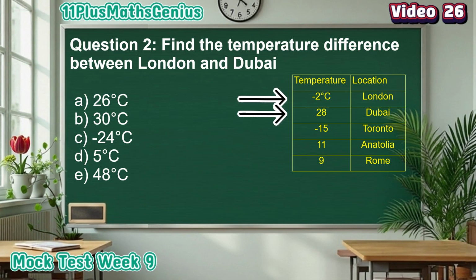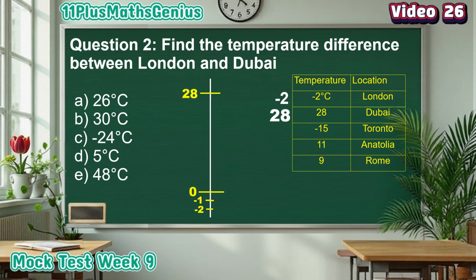So, we have to look at the temperature of London and Dubai. Let's look at London first. London is very freezing at a staggering negative 2 degrees Celsius. Meanwhile, in comfortable warm Dubai, it is 28 degrees Celsius. To find the temperature difference, we find how big the difference is between negative 2 and 28.